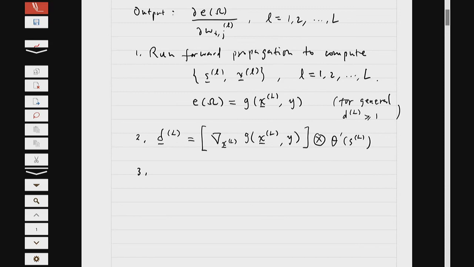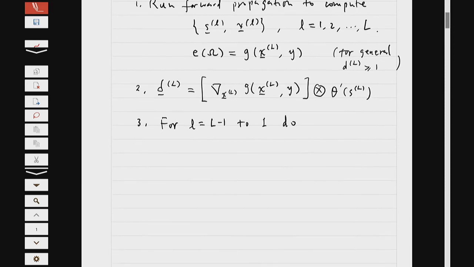And then once after the last layer, we can backtrack for L going back from L minus 1 back to 1. You just calculate this input sensitivity for every layer, using the formula we derived last time.